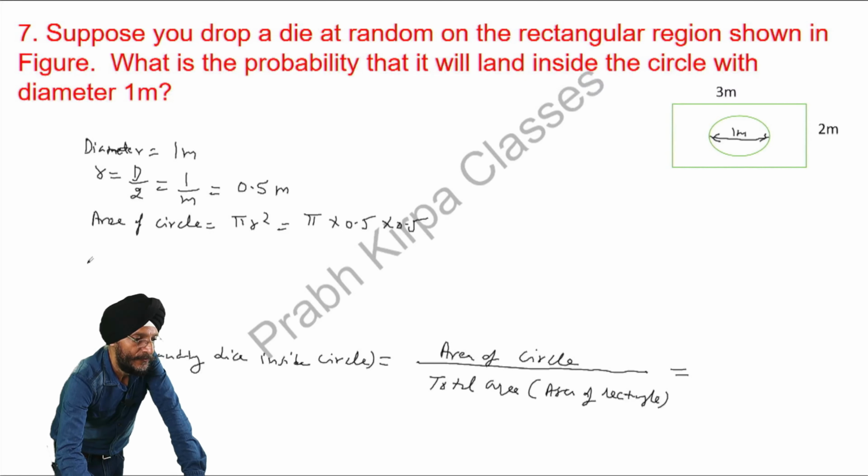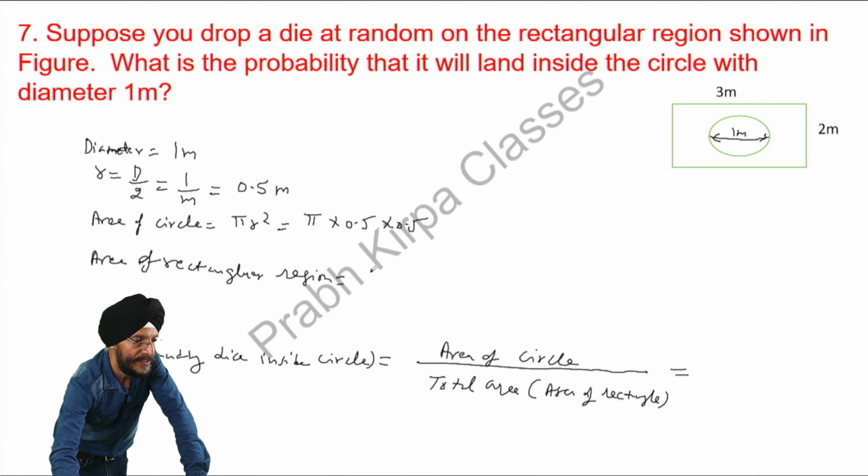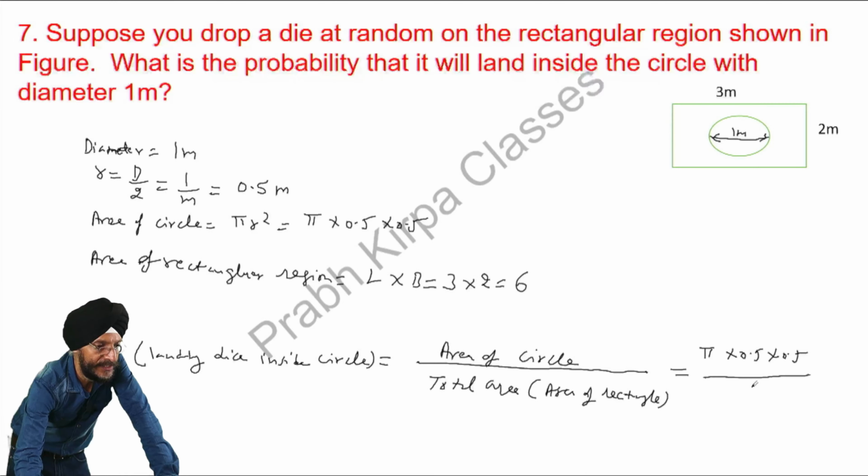So what is the area of the rectangle? Area of rectangular region is length into breadth. 3 into 2, it is 6. So here we will write area of circle pi into 0.5 into 0.5 divided by total area, it is 6.